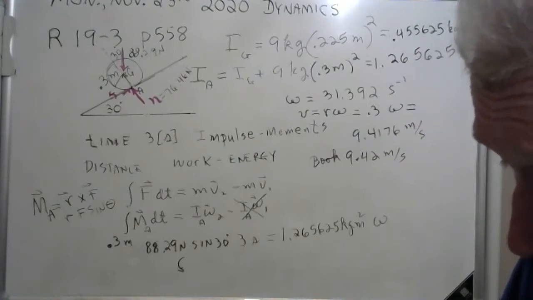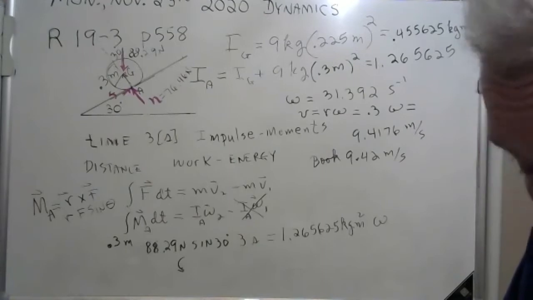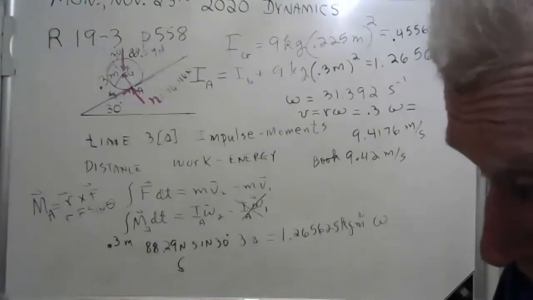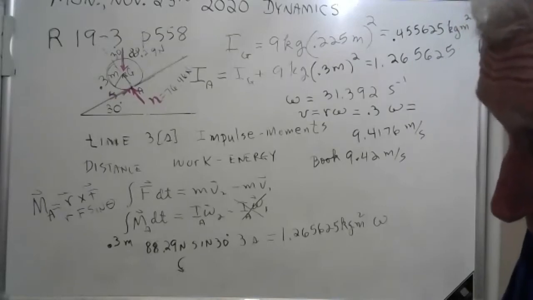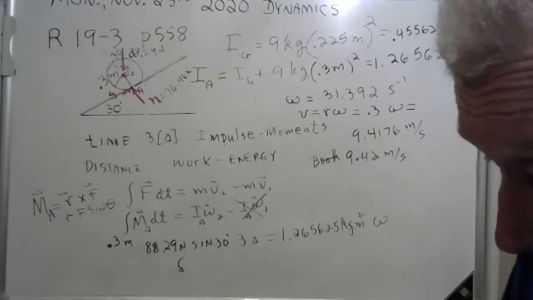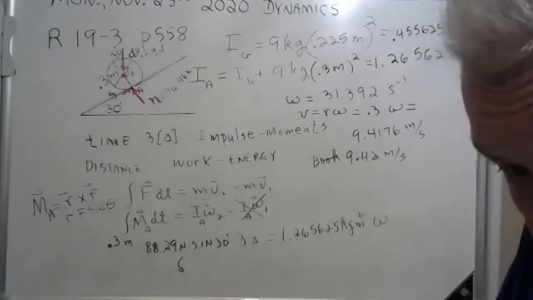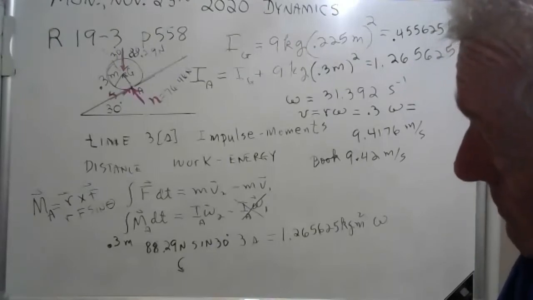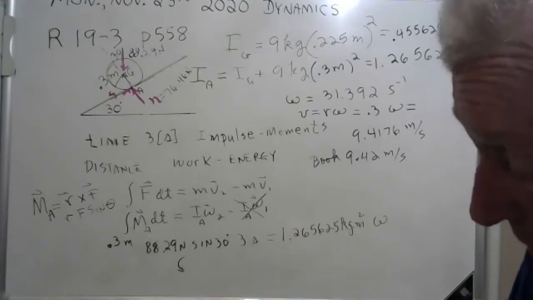Well, we have 4 tools in this class. And you know what the 4 tools are. There's kinematics, Newton's second law, work energy, and impulse momentum. Those are the 4 tools. I bet we could get that friction from using one of the tools.